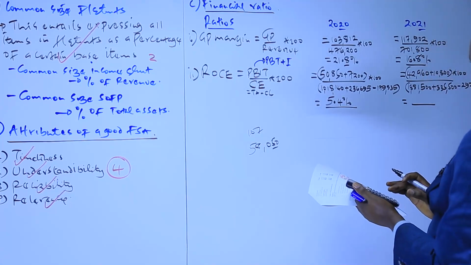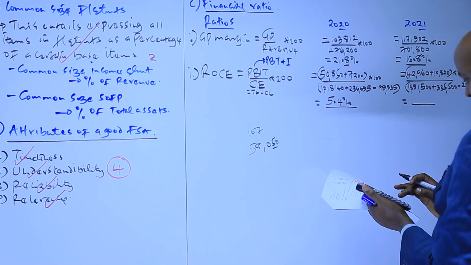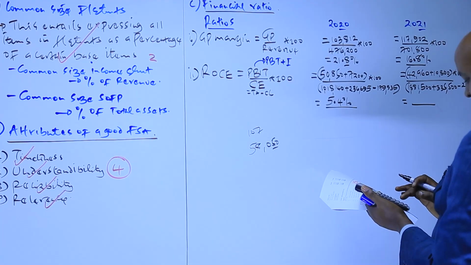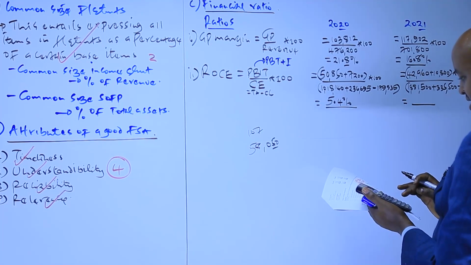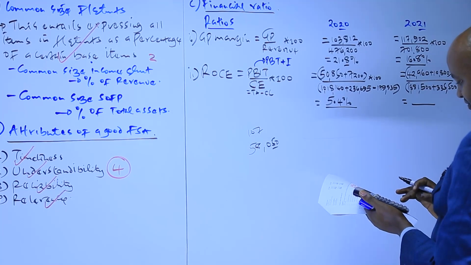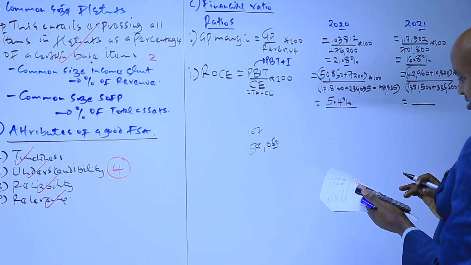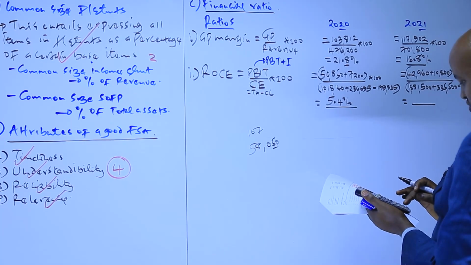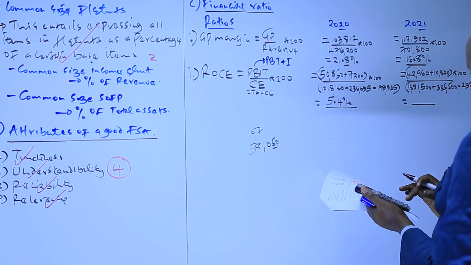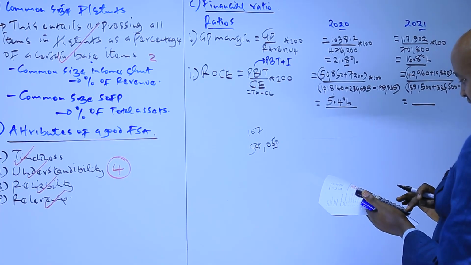What about the other year here? We have 42,960 plus 10,800, 10,800 that is, and then we divide that with 1,881,500 plus 335,500 minus 297,000 times 100.